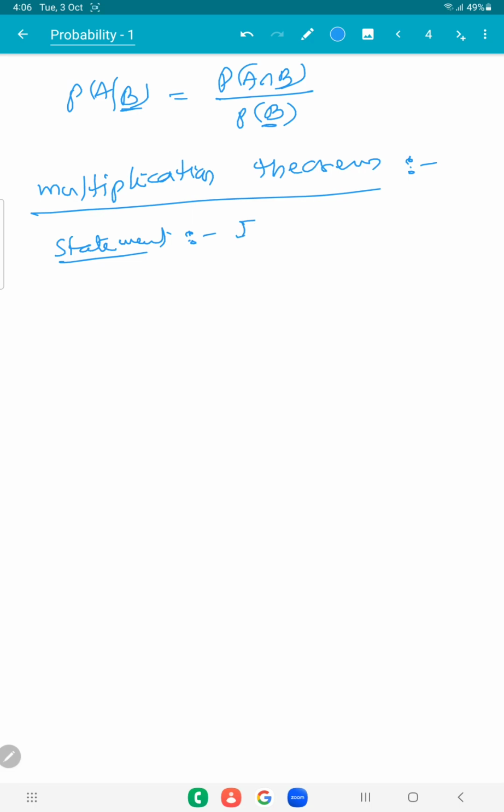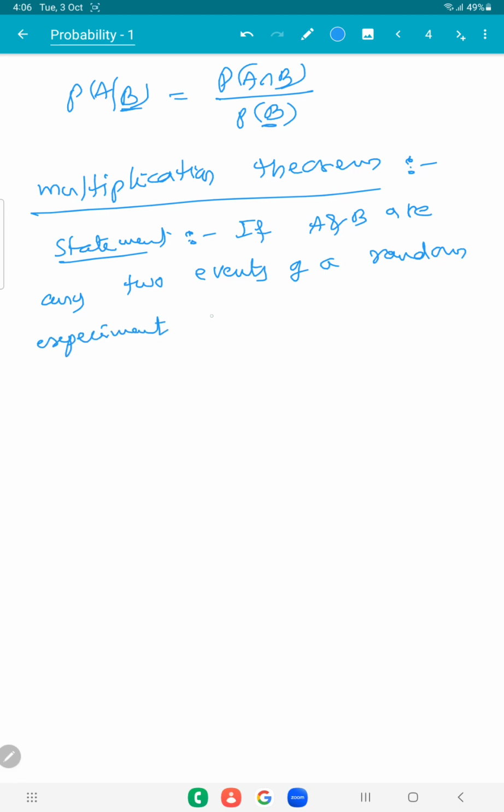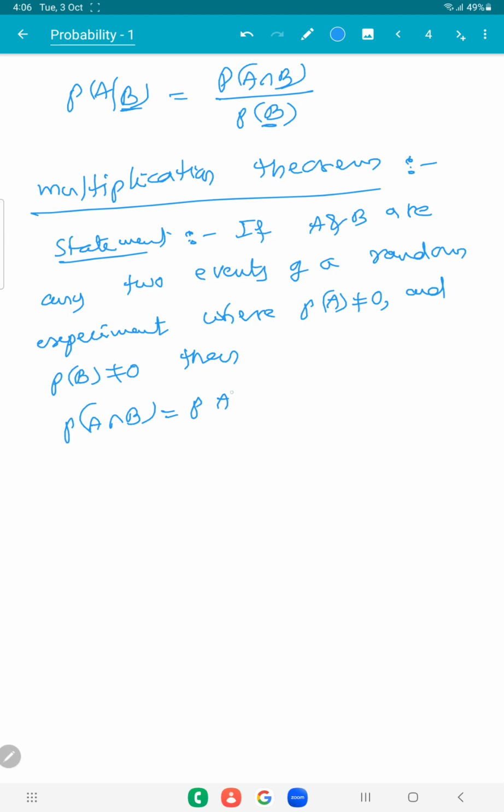The statement is: if A and B are any two events of a random experiment where P of A is not equal to 0 and P of B is not equal to 0, then probability of A intersection B is equal to P of A into P of B given A, or else this can also be written as probability of B into probability of A given B. Proof is very easy.